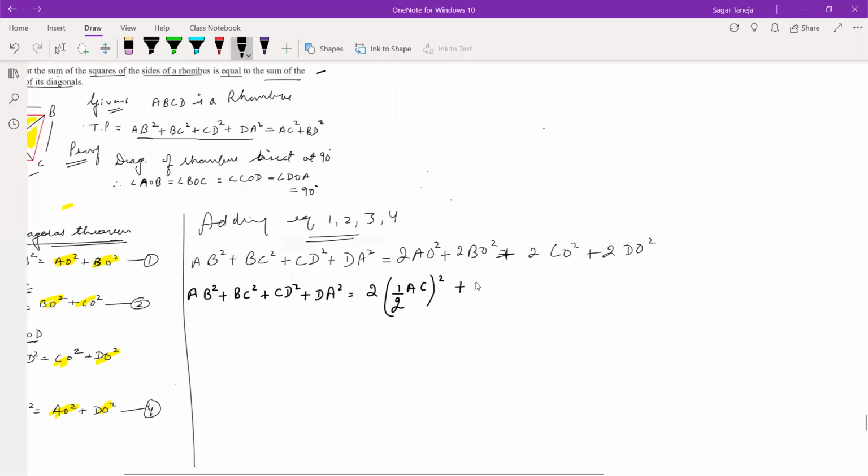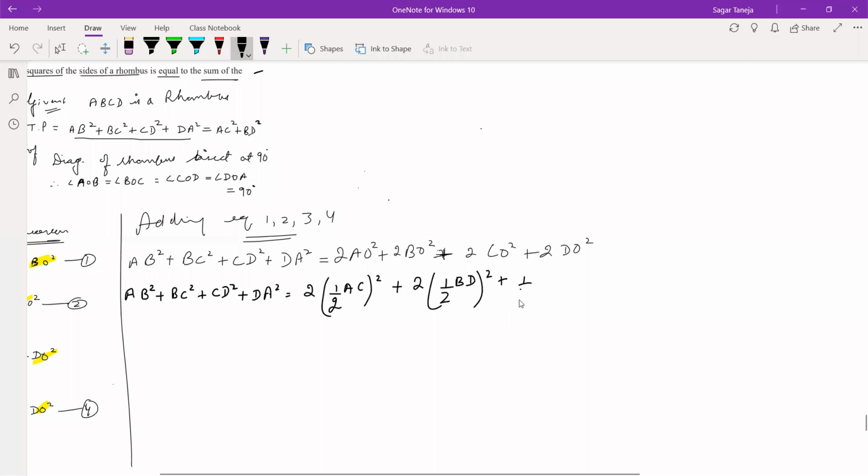So this can be written as 2 into half of BD whole square. Then again CO, that is half of AC, plus twice of DO. DO is half of BD whole square.